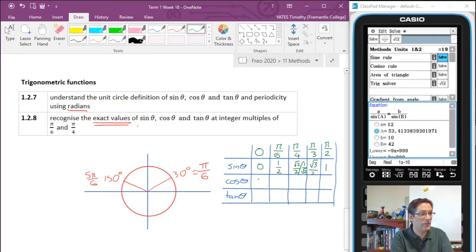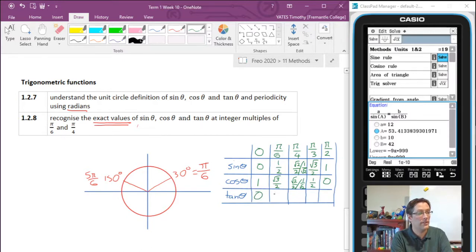For cosine, we go backwards. 1, root 3 on 2, root 2 on 2, or 1 on root 2, both equivalent. This is a half, and then that's 0. Remembering that tan theta is sine theta over cosine theta, that is 0.